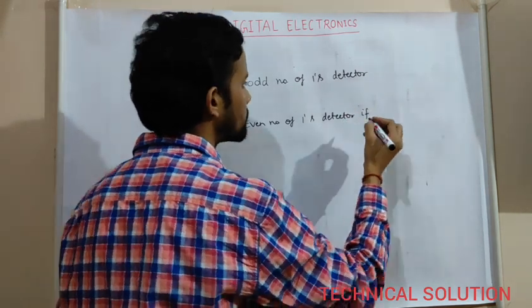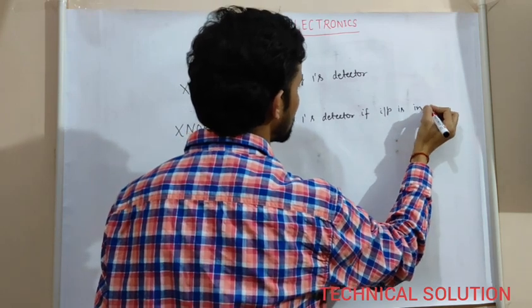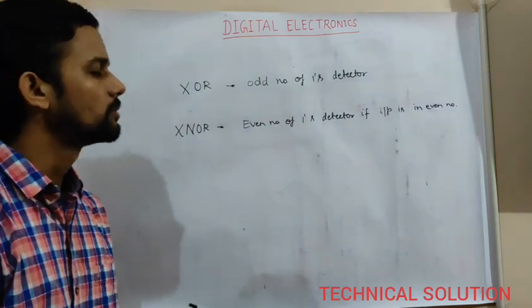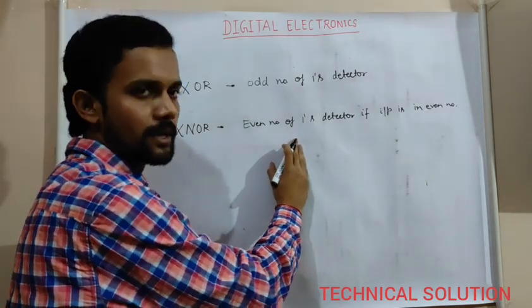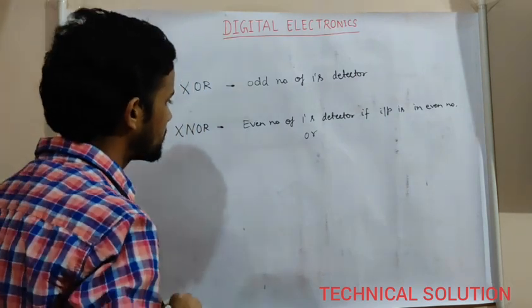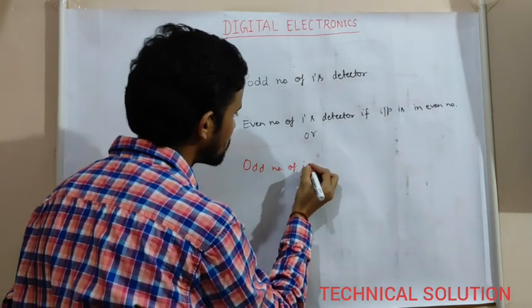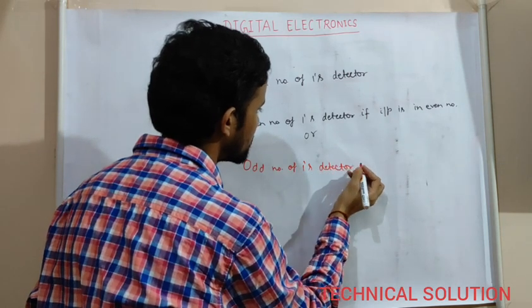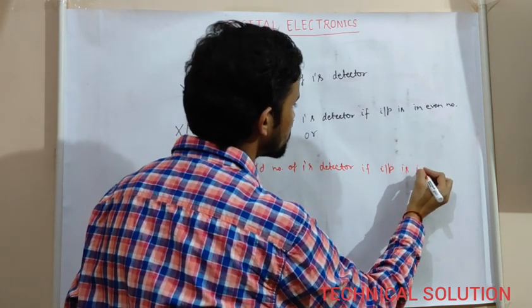if the input is in even number. That means if the input is a combination of 2, 4, 6, then it will behave as an even number of ones detector, or it will behave as an odd number of ones detector if the input is in odd number.